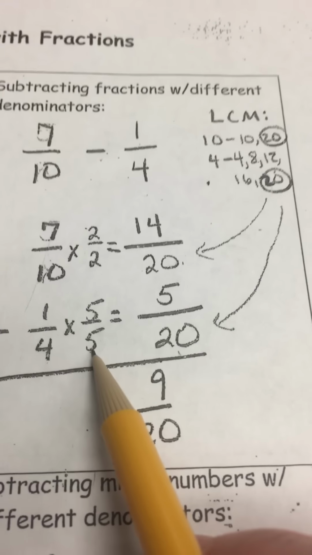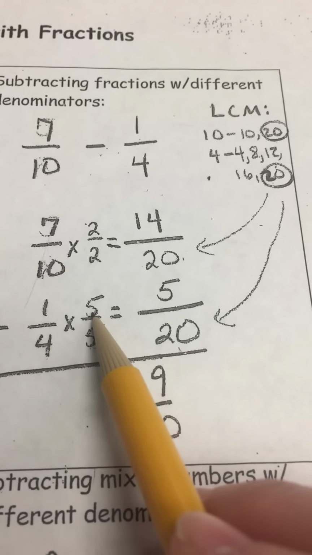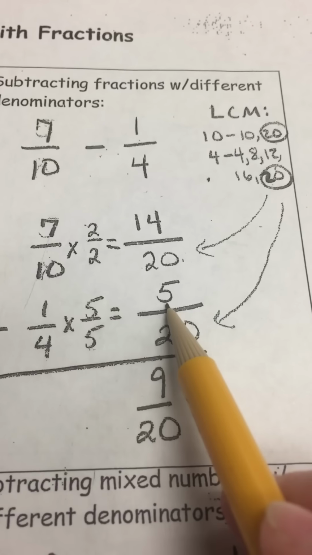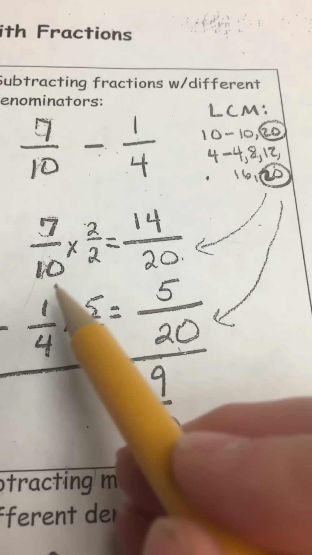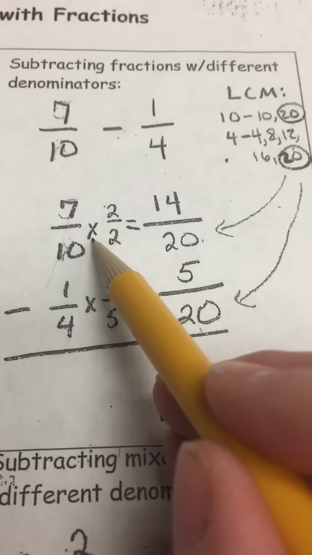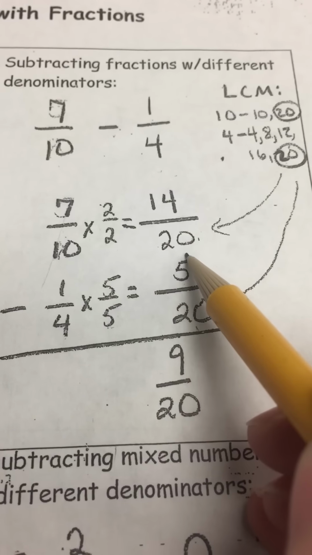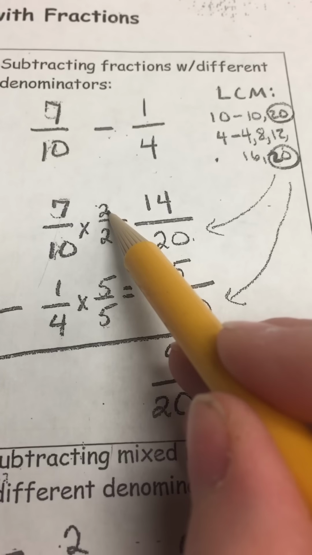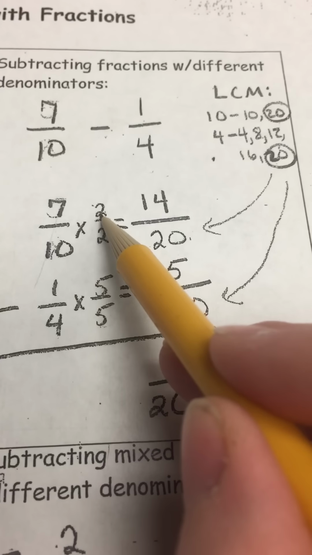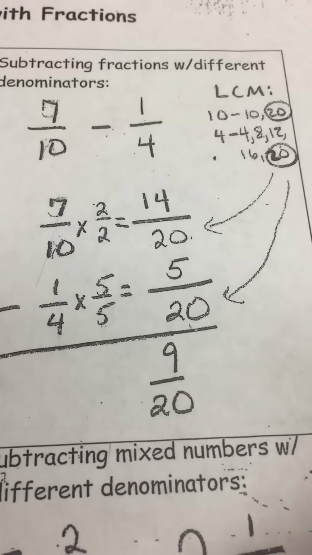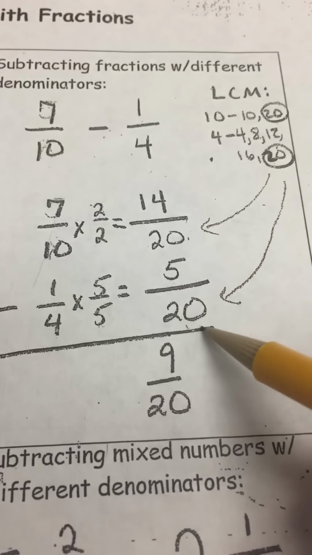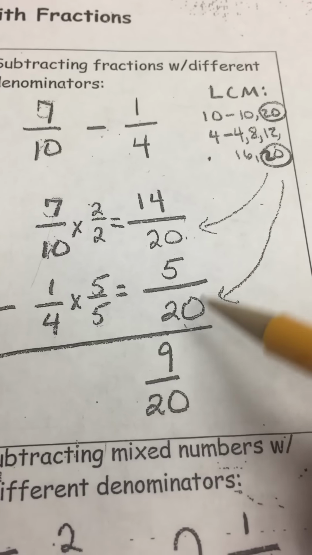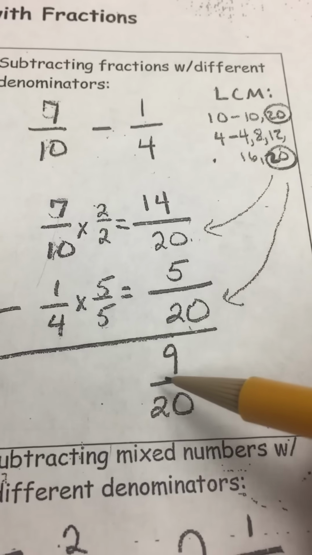And I found out that was 5. So 5 goes on top, and I multiply to get the new numerator. And then I asked myself, 10 times what equals 20? And that was 2. So I put 2 above. 7 times 2 equals 14. Once my fractions have the same denominator, I can subtract them.